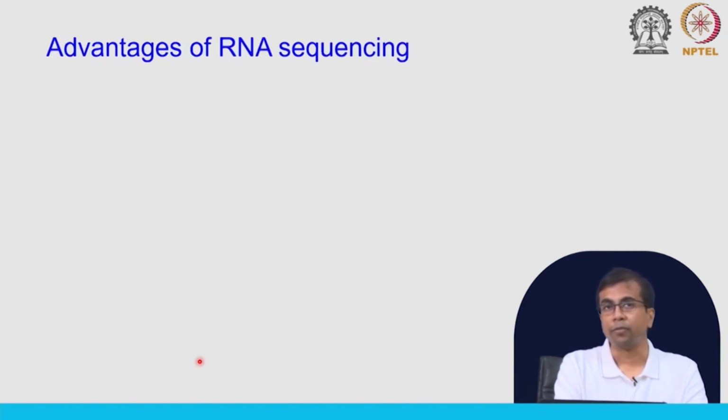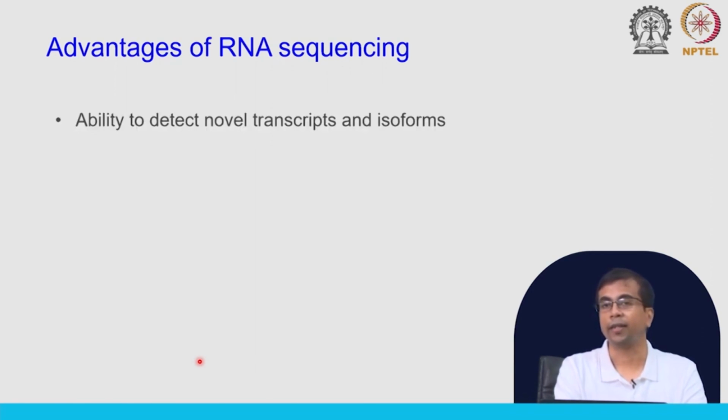So, we can now move into the advantages of RNA sequencing after all this discussion. One of the first things we have seen is that it has the ability to detect novel transcripts and isoforms quite easily. We can combine short read and long read sequencing to identify all these variants very easily. The second is that we have a very big dynamic range compared to microarray, because we are not limited by the number of oligos available for binding or hybridization.